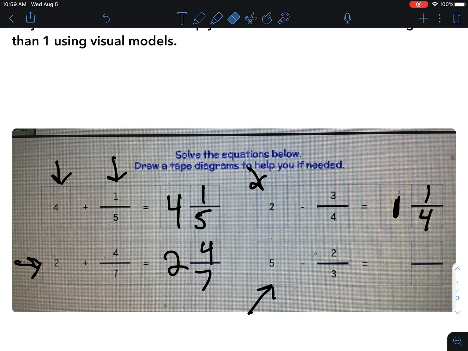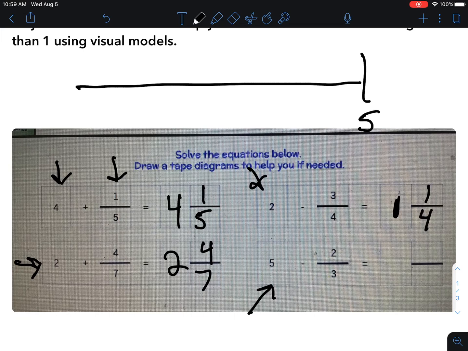So I was going to show you another way to solve these besides a tape diagram. It's the same thing, it's just using a number line. So maybe since you've solved the second one, I'll show you. So if you're subtracting, right, you're starting at 5, and you're going to go back 2/3. You're going backwards, right? So if I'm going backwards on a number line, what is my next whole number going to be? What's the whole number that comes before 5?